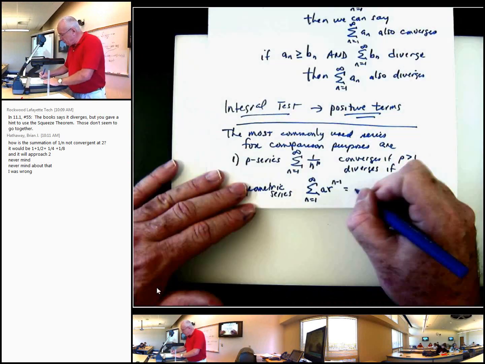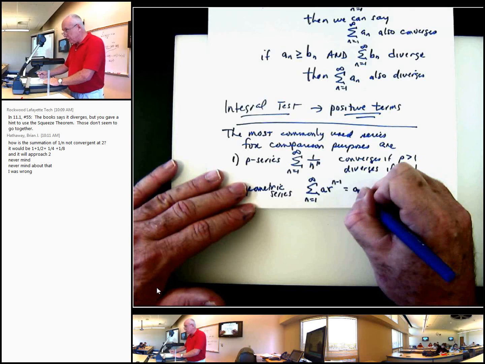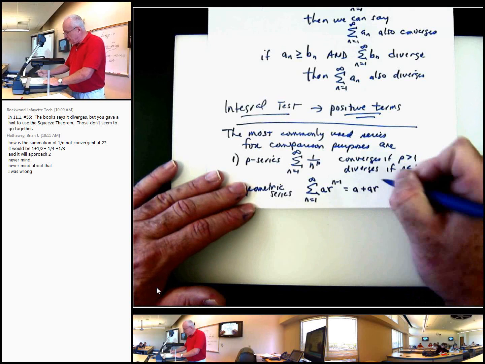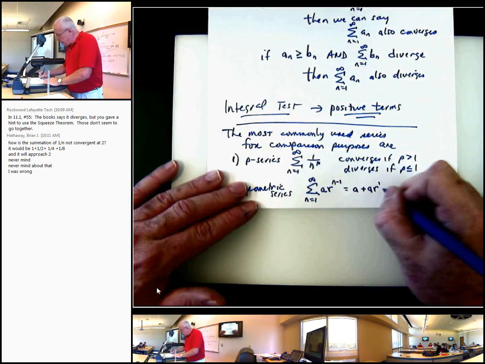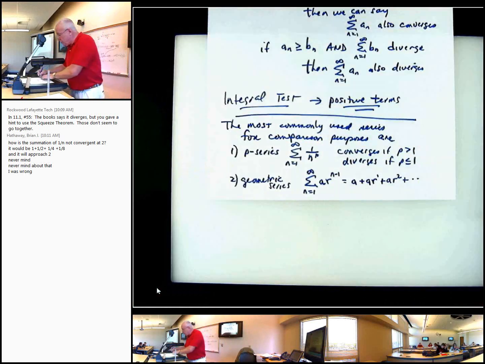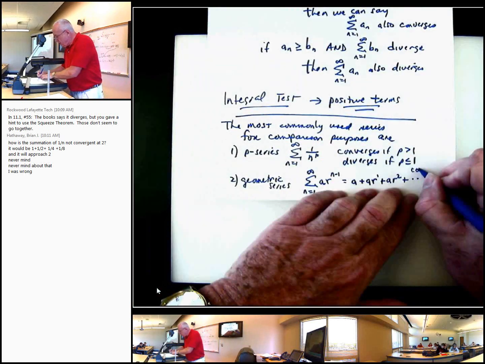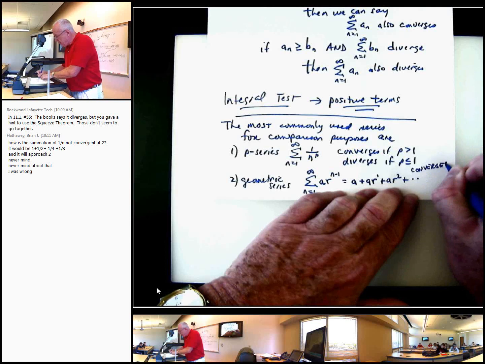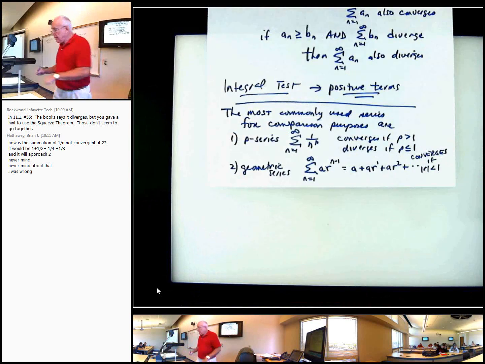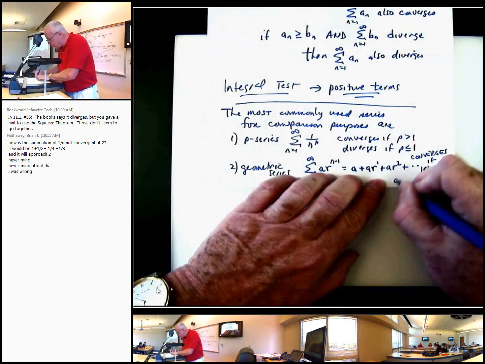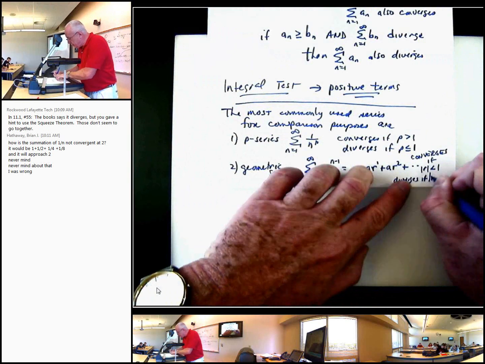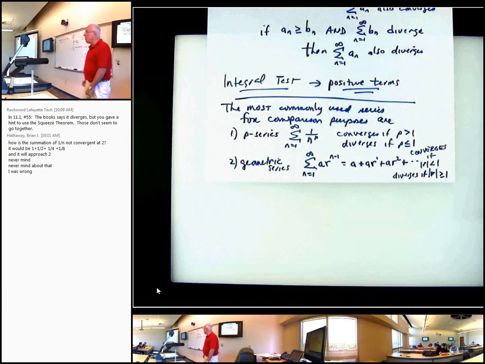So let me just write out: this starts as a times r to the 0 power, or just a, plus a times r to the first power, when n is equal to 2, plus a times r squared, plus etc. And this thing we know converges if the absolute value of that common ratio is less than 1, and it diverges if the absolute value of the common ratio is bigger than or equal to 1.